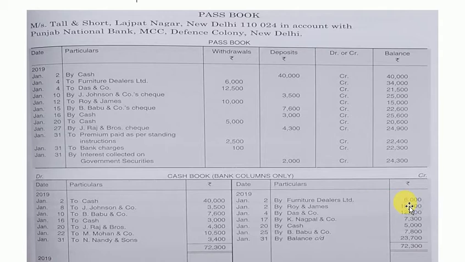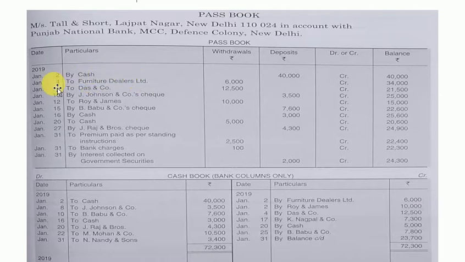This is the payment made by this business, Tall and Short, to Furniture Dealers Limited. So it is recorded on the credit side of the cash book, 6,000. Now I told you last class that the credit side of the cash book is equal to the withdrawal column, which is the debit of the passbook. So this has been recorded here, 6,000.